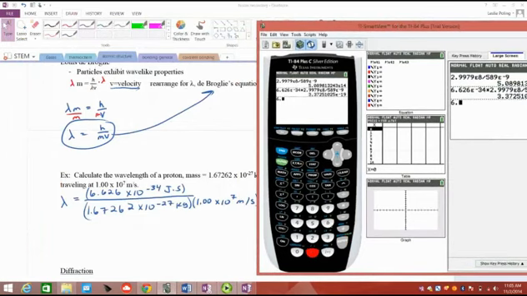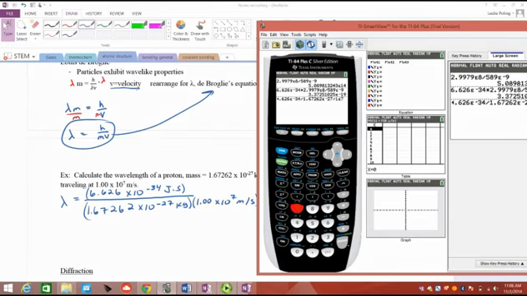We have 6.626 times 10 to the minus 34, divided by 1.672262 times 10 to the minus 27, also divided by 1 times 10 to the positive 7.